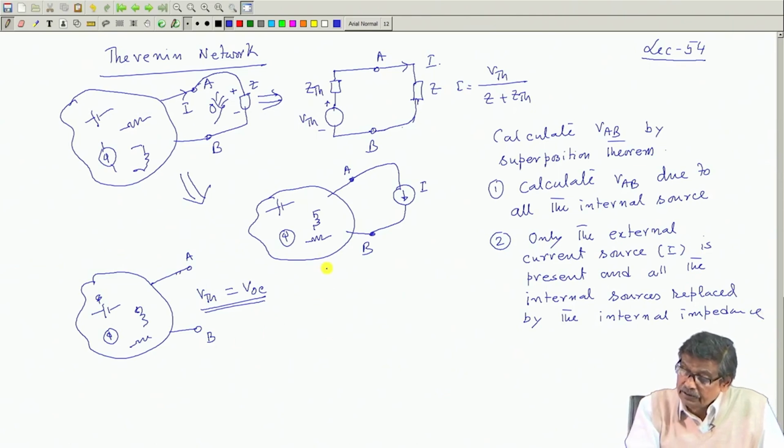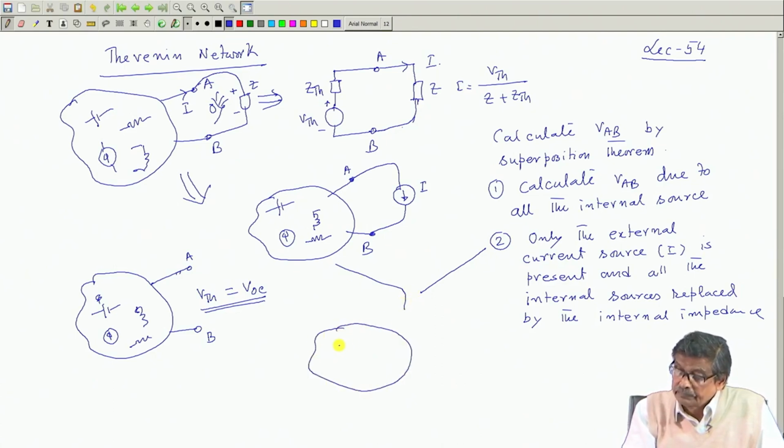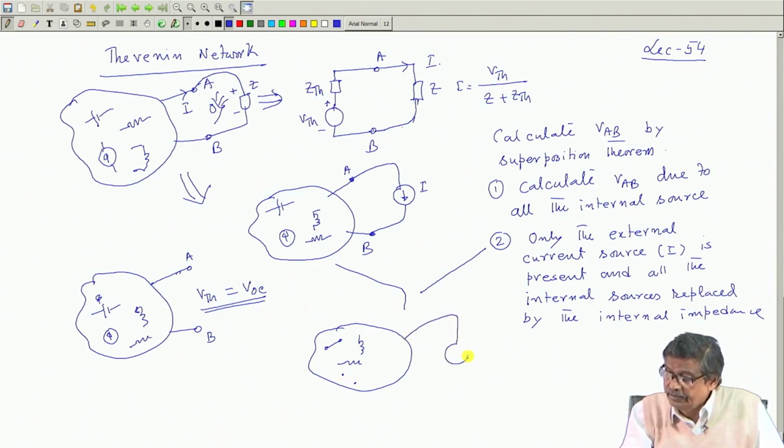What will be the network? So, for step 2, the network will look like this: all the parameters will be there, R, L, etc., but voltage sources should be replaced by short circuits and current sources by open circuits, and here only this current source I is present, and this is the point A, this is the point B.